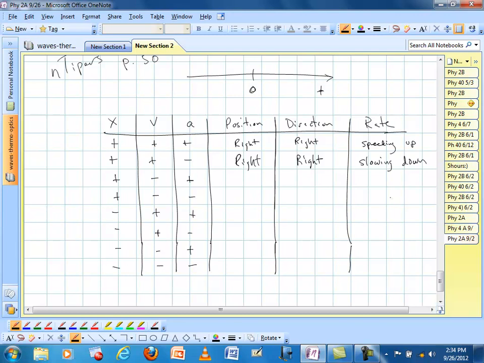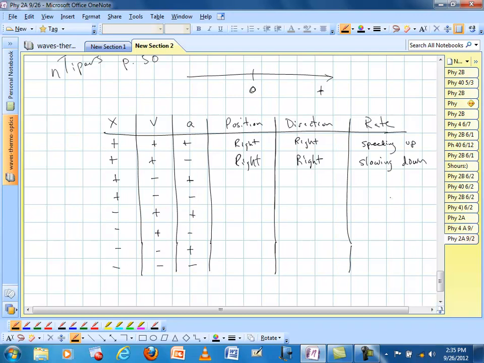It could be speeding up. It could be slowing down. In fact, it might not be slowing down or speeding up. It might be moving with constant speed, but the velocity could still be changing. How's that? Because velocity is a vector quantity. The direction might be changing.